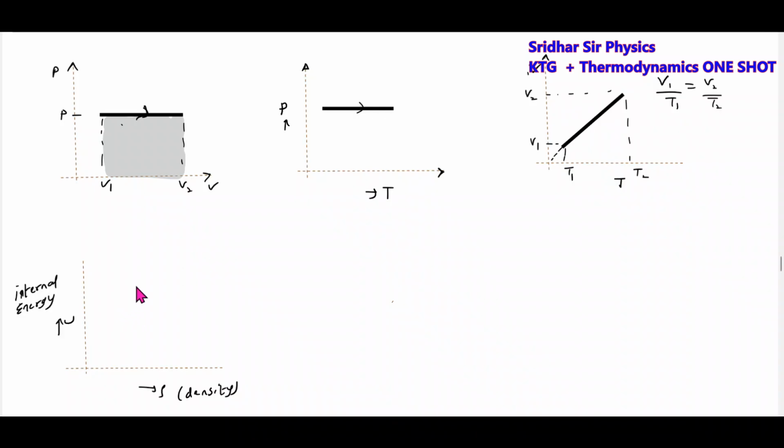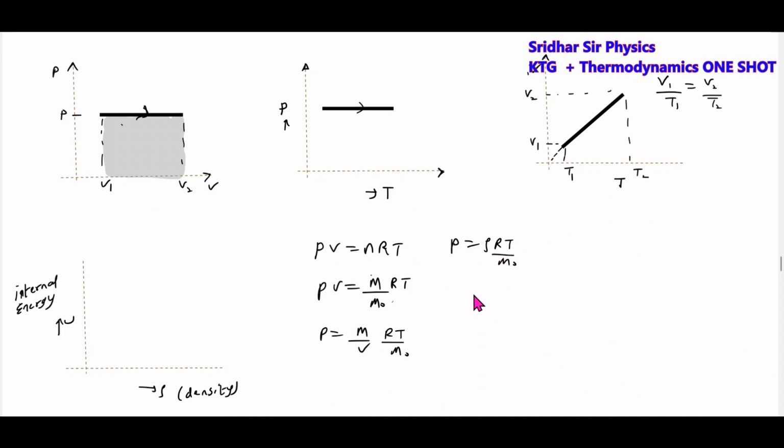Isobaric process, internal energy versus density graph. We know PV equal to nRT. Pressure constant. So the number of moles will become mass by molecular mass. P equal to mass by volume into RT by m naught, which will become P equal to rho RT by m naught.